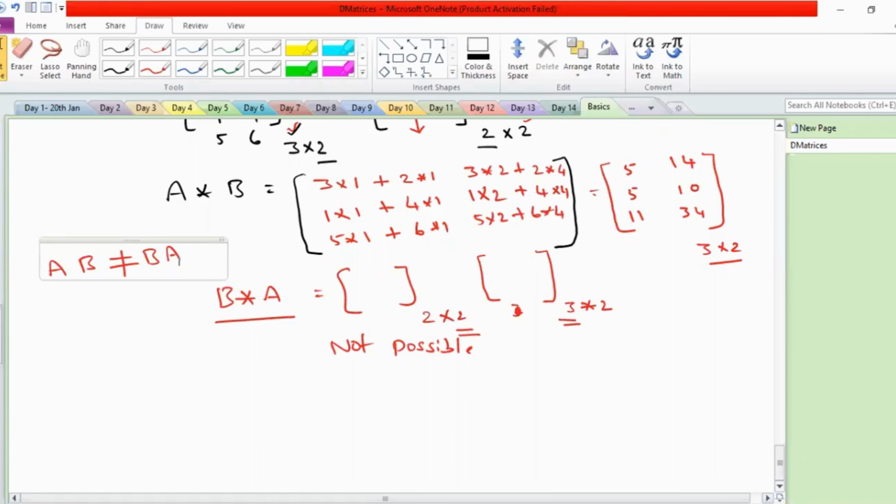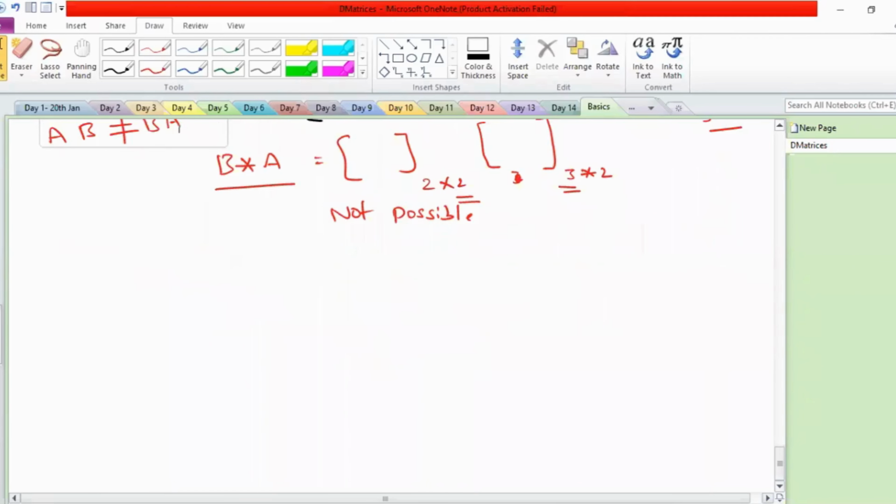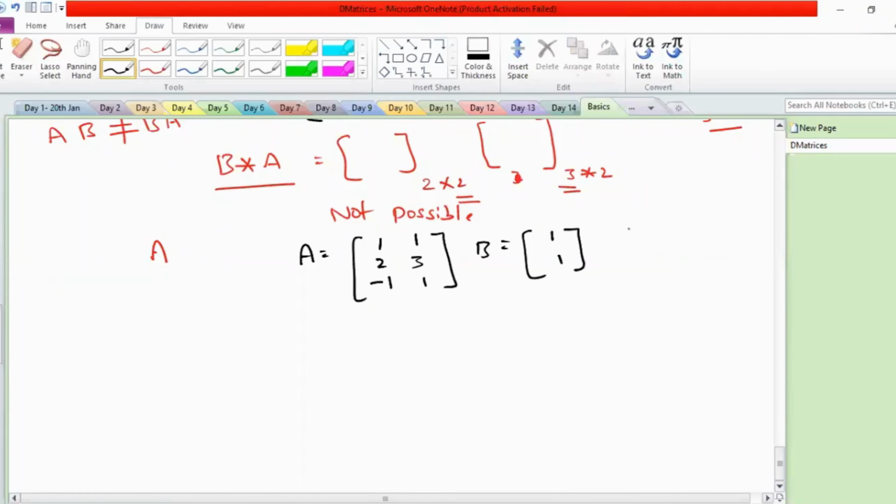Now, there are certain things. Okay. Let me define you. Let me give you two matrices. A: 1, 2, minus 1, 1, 3, 1. B: 1 by 1.